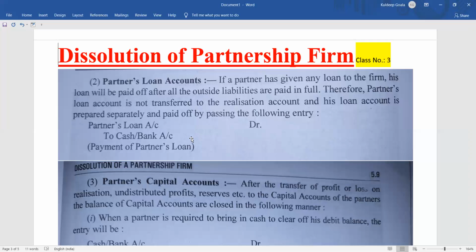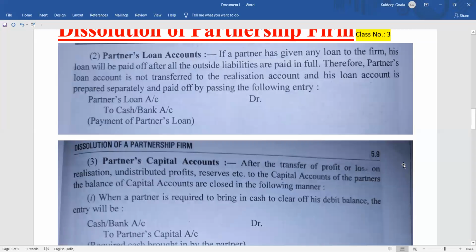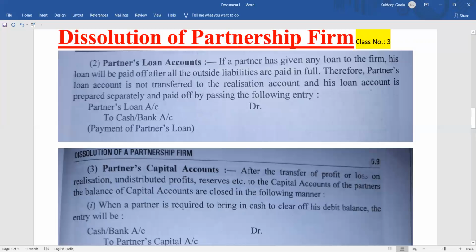Okay, now sometimes it can happen that a partner has taken a loan. I will mention that situation here, so that it will be understandable to all of you.